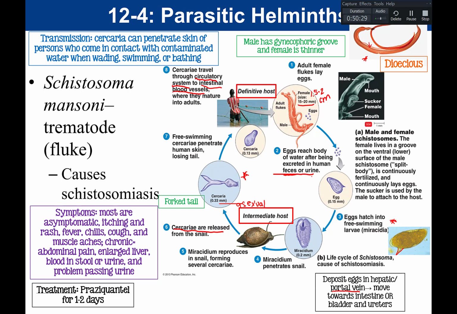Again, it depends on the species of Schistosoma as to whether this causes problems in the intestinal tract or in the urinary tract. You might recall if you watched the Parasites Eating Us Alive video, one of the things that they talked about was that Napoleon and his troops, when they entered into Egypt, got what was referred to as Pharaoh's curse. And Pharaoh's curse was male menstruation.